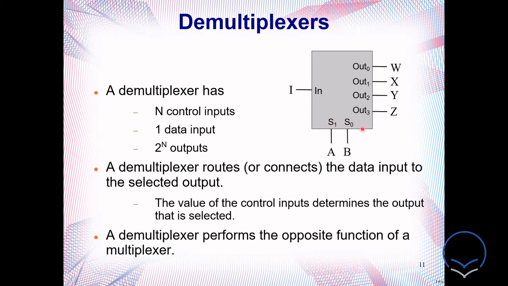Just look at here. You have 2 control inputs, so 2 to the power n means 4 outputs, and we have 1 data input.